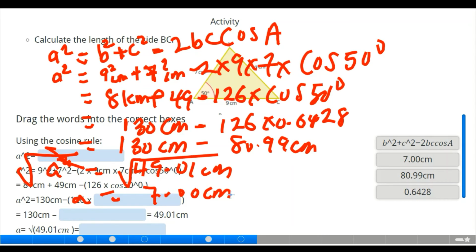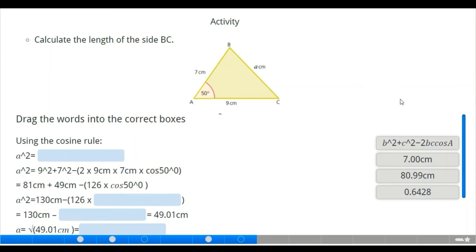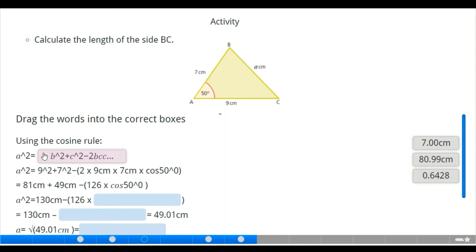So that implies that the side a is 7 centimeters. Let's quickly fix the right-hand side into the process. We are using the rule a square equals b square plus c square minus 2bc cos A. We said that cos 50 gives us 0.6428. Now 126 multiplied by 0.6428 gives us 80.99.